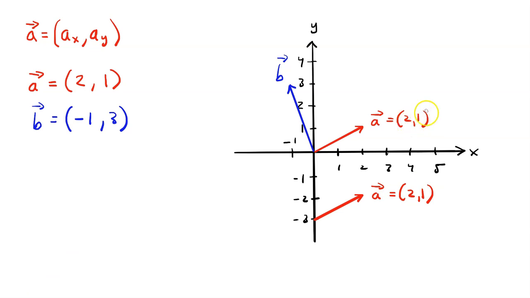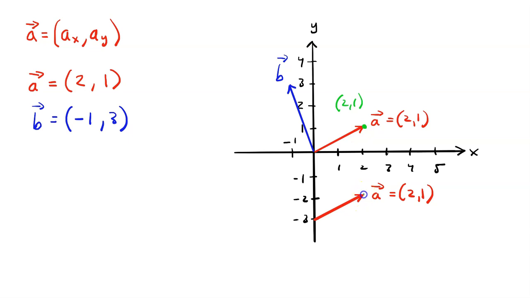Note now that this way of representing a vector is a bit of an overloaded symbol, because this also could mean a point in the coordinate system or an interval. So you have to determine from the context what you mean. Here, for example, if you take this point, what coordinates does that point have? It has 2, 1. So this point has the same coordinates as the vector, but it's just because we started with the vector at the origin.